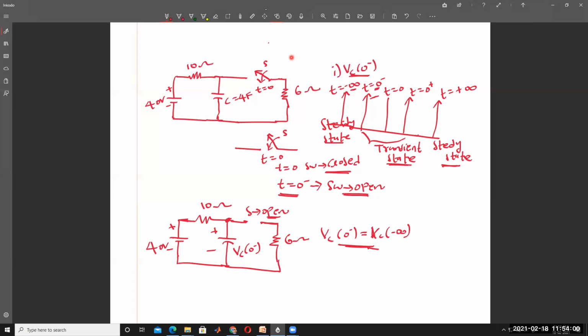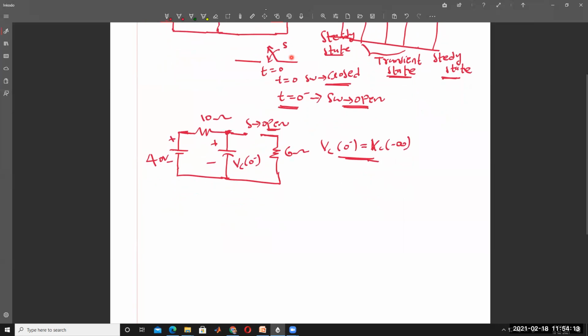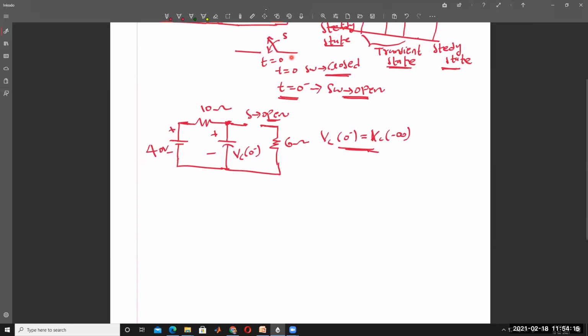Open. Similarly, at t = minus infinity also, this switch is open. That means steady state condition. You know well, under steady state condition, the capacitor acts as an open circuit.